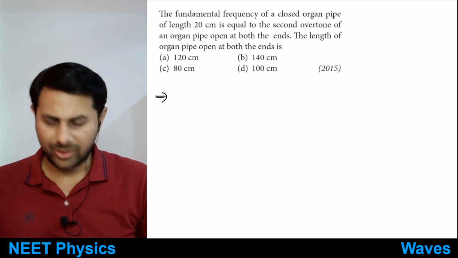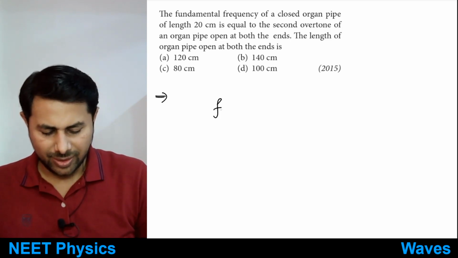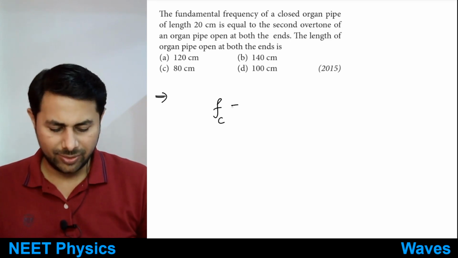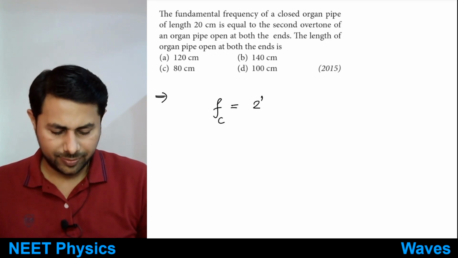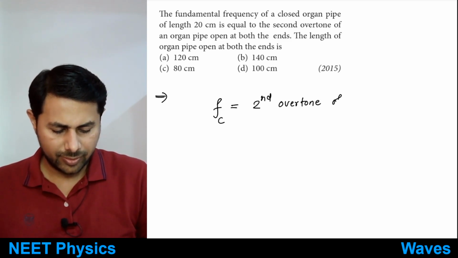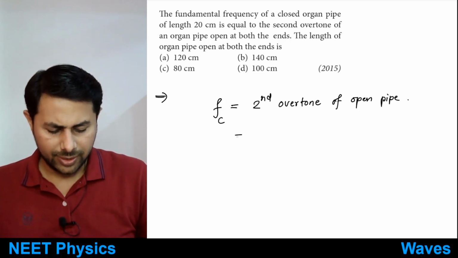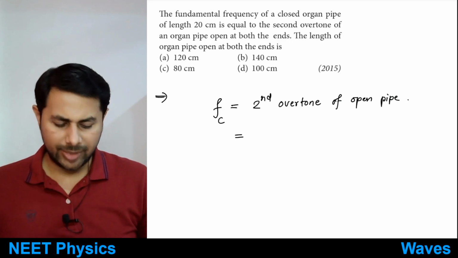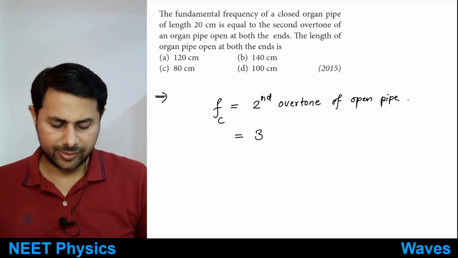So they say that the frequency of a closed pipe is equal to the second overtone of the open pipe. What is the second overtone for an open pipe? It is 3 times the fundamental frequency of the open pipe.